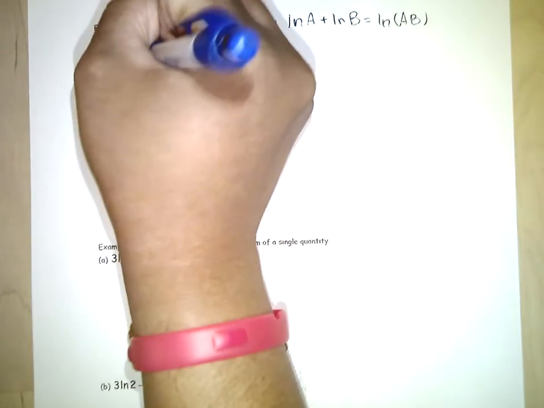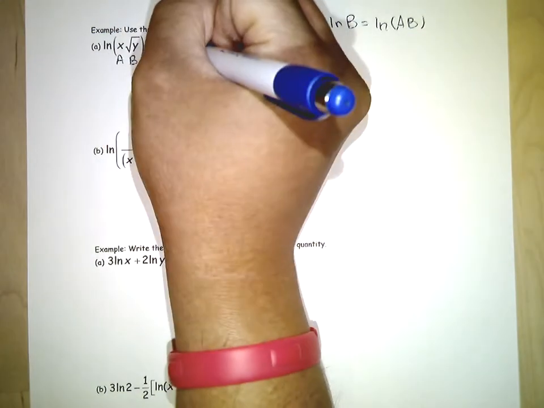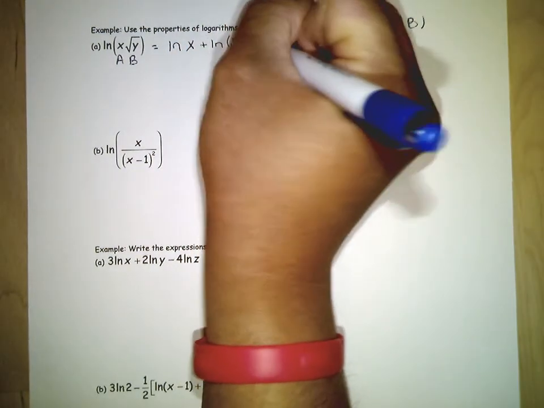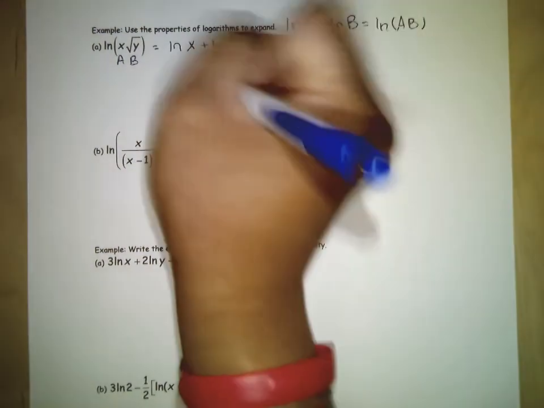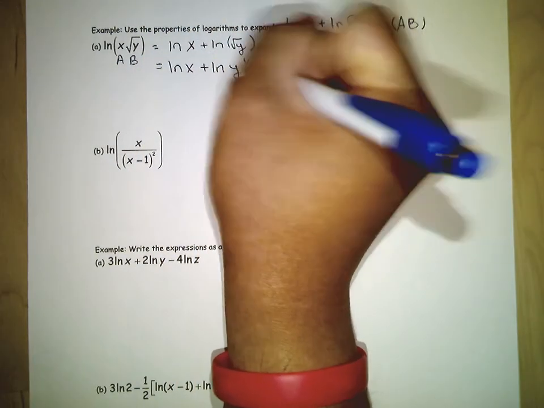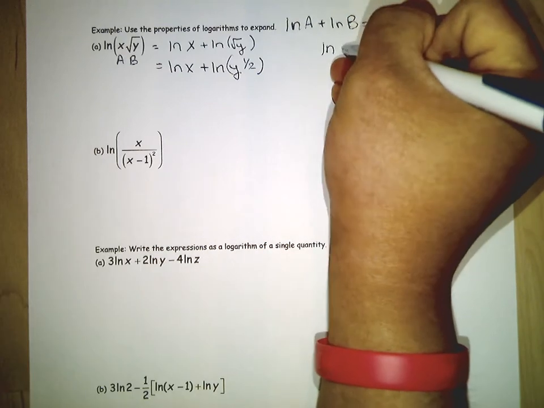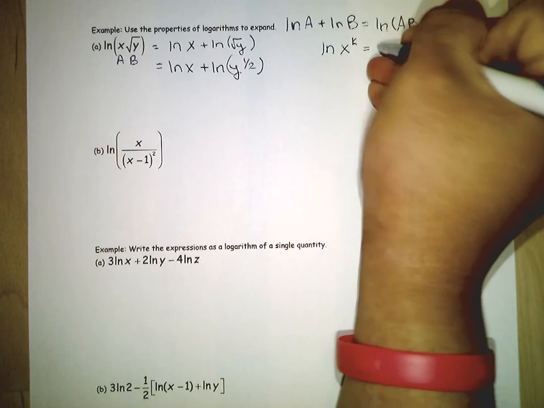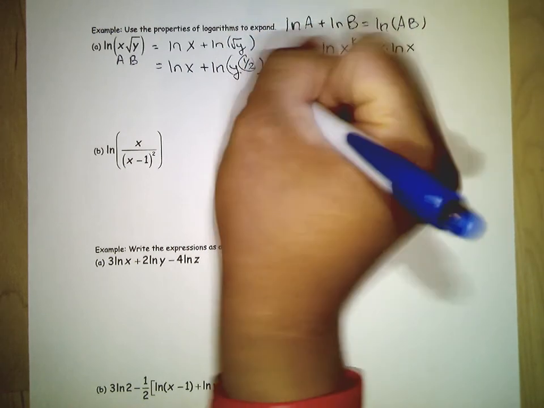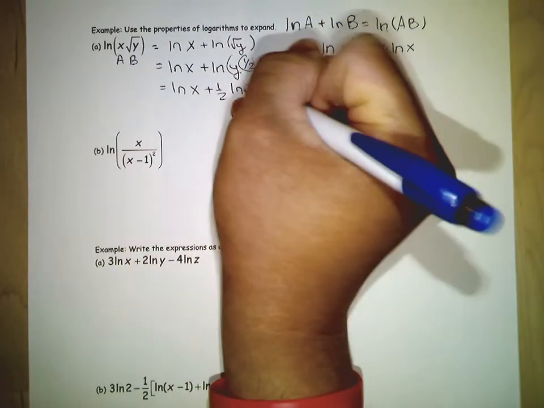So here's a, here's b. All right, so we have natural log of x plus natural log of the square root of y. But the square root of y is really y to the 1/2 power. And then remember the rule of natural log of x to the k, or x to some power, was k natural log of x. So I can rewrite the natural log of y to the 1/2 power as 1/2 natural log of y.